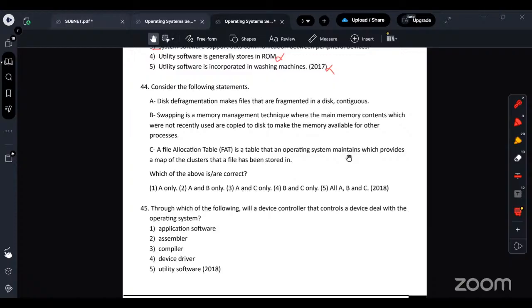So which of the following is true or correct? Disk defragmentation makes files that are fragmented in a disk contiguous. Is it true or false?